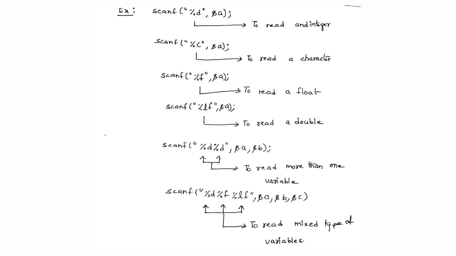The working of getch is that it is used to read a single character and returns it immediately. Now this is all about the input and output functions in C.